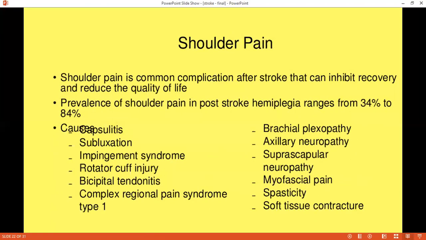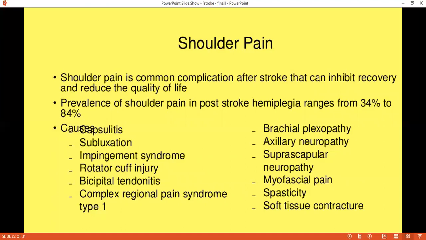Another one is hemiplegic shoulder pain. Once the stroke has happened, they automatically develop HSP, hemiplegic shoulder pain. It is a common complication after stroke that can inhibit recovery and reduce quality of life.